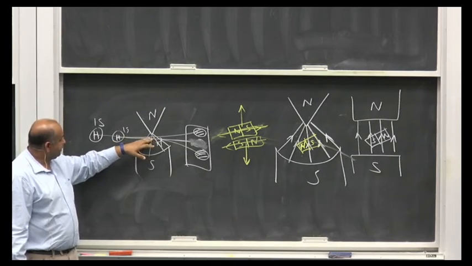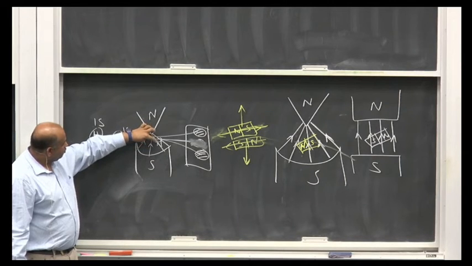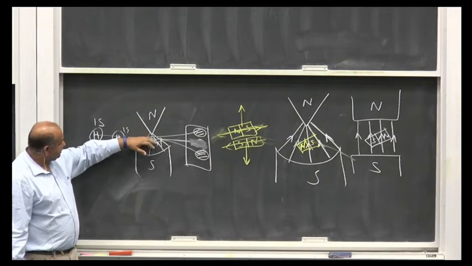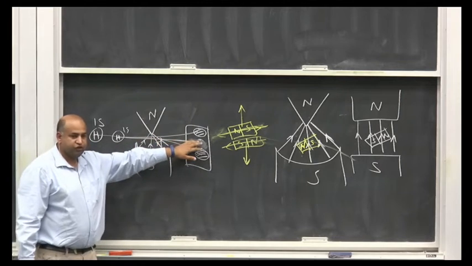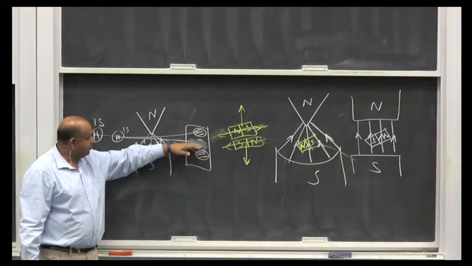So this non-homogeneous magnetic field should not deflect them either this way or that way. They should go straight. But instead, they went either here or here.